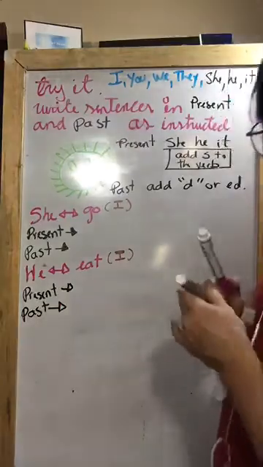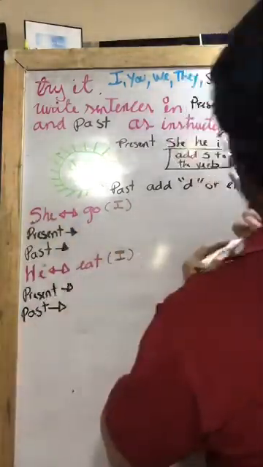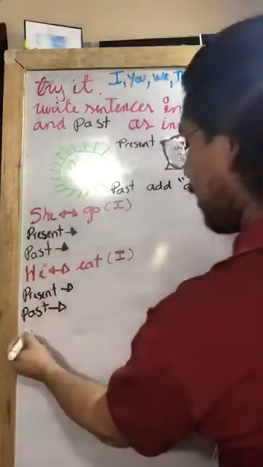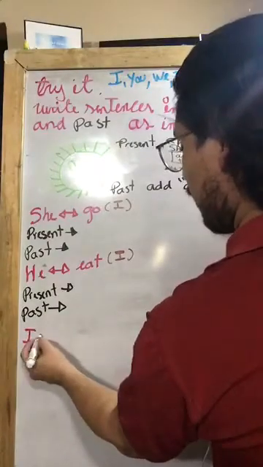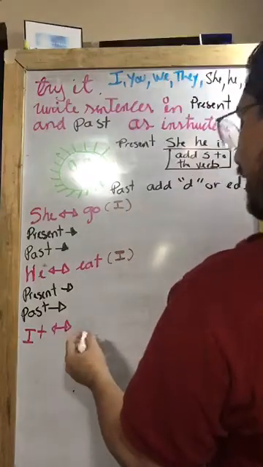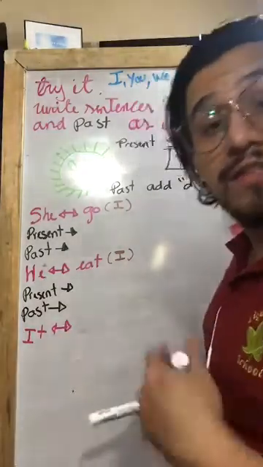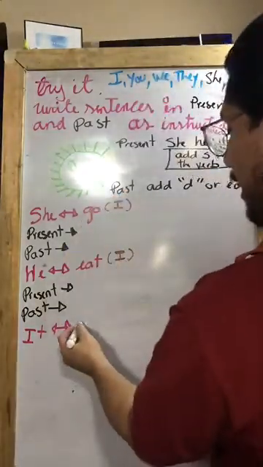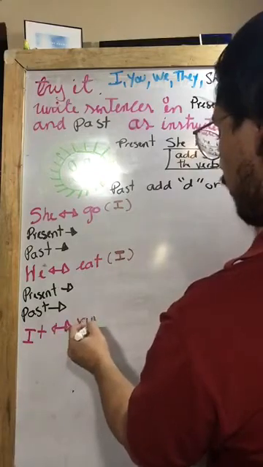Okay, then we have it. Remember, for it we can write it, or we can write the name of an animal. The dog, the lion, the cheetah, the fish. And for that we are going to write the word run.